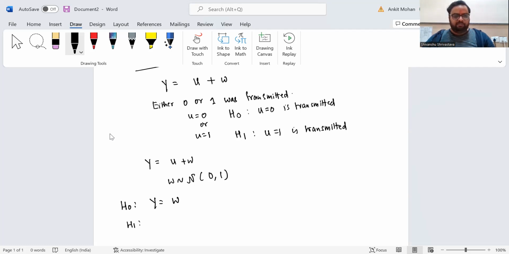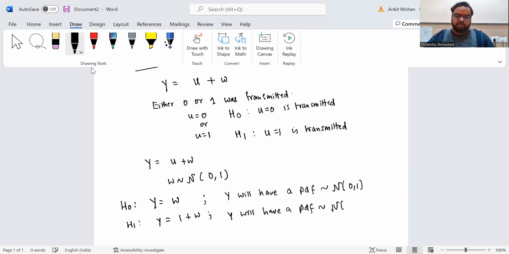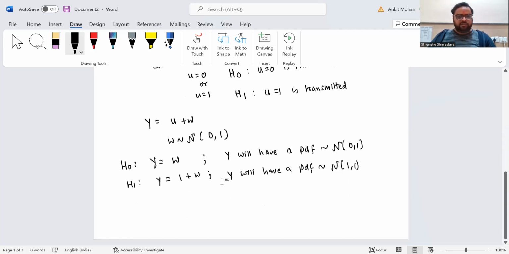And the H1 hypothesis consists of U plus W, which is essentially 1 plus W. Corresponding to the H0 hypothesis, Y will have a PDF that is standard Gaussian only, because Y is exactly the additive white Gaussian noise, and corresponding to the hypothesis H1, Y will have a PDF that is distributed with mean 1 and variance 1. Okay, so these are the two cases that we have here.